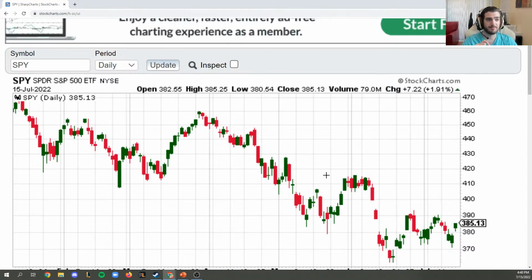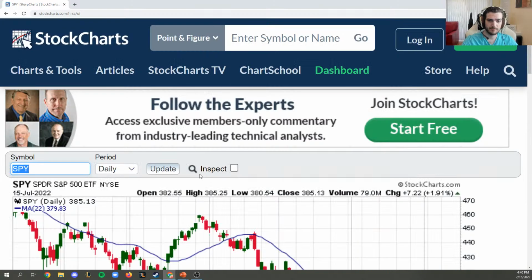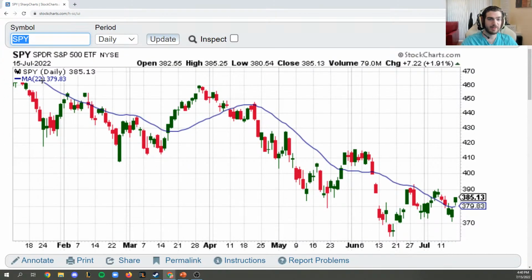And then chart it so that we know from that day, 22 days back, what's the average. Now this line in blue is that moving average. What this lets us do is see periods where our price is below the month moving average or above the month moving average.